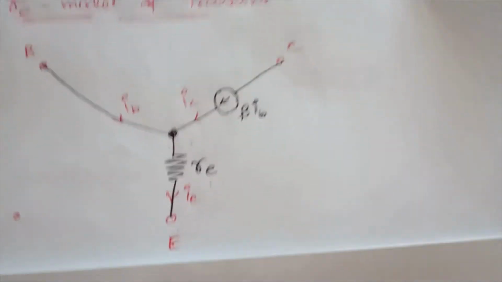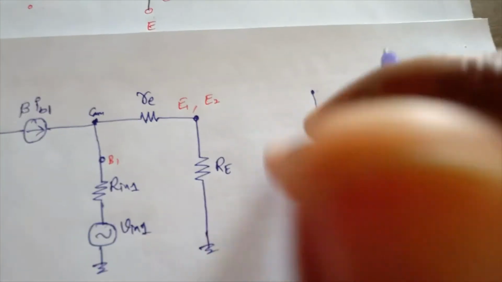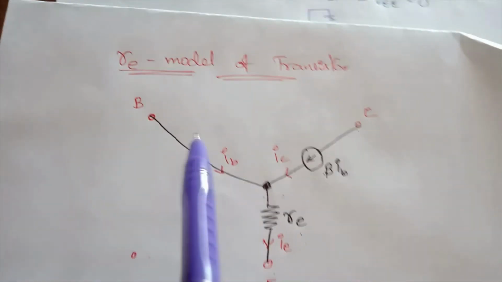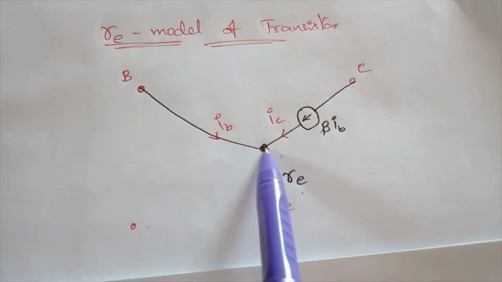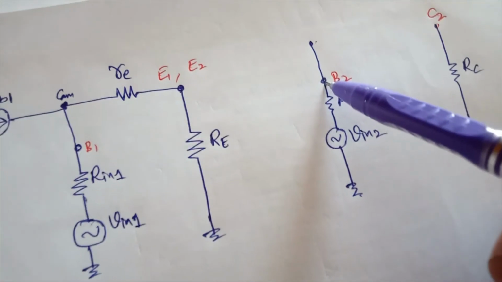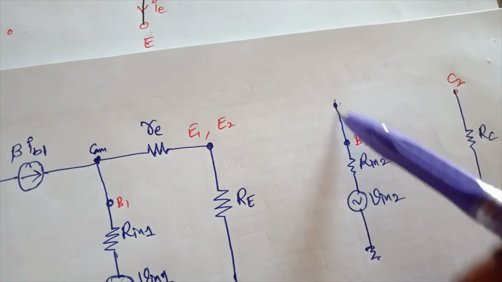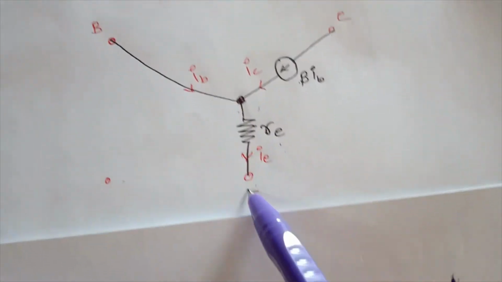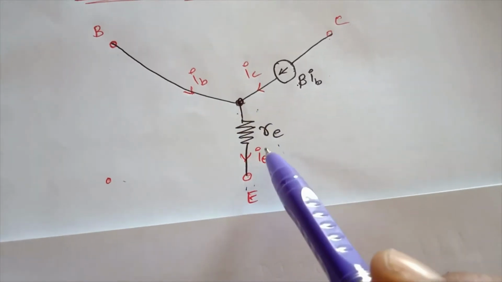In the same way, draw for the second transistor. The base terminal is short circuited to the common terminal, and the emitter is connected to the common point through a resistor RE.